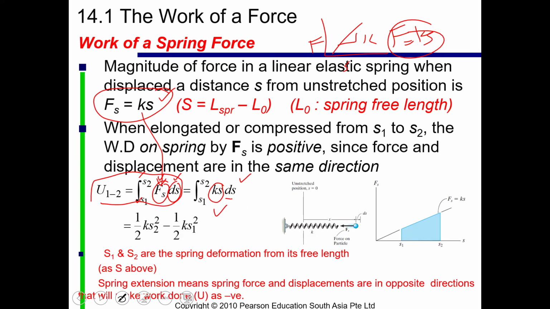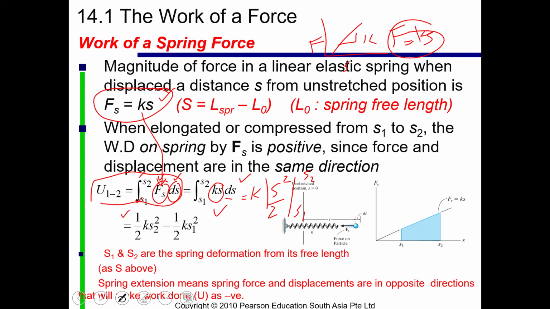When I solve the integration, or the limit, you know that the integral of S will become S square over 2. K is constant, so it becomes K times S square over 2, with limits S2 and S1. Then you further solve it.